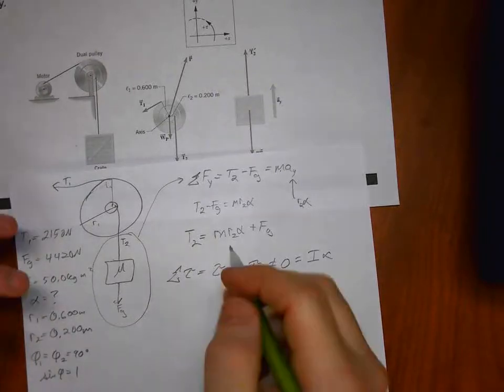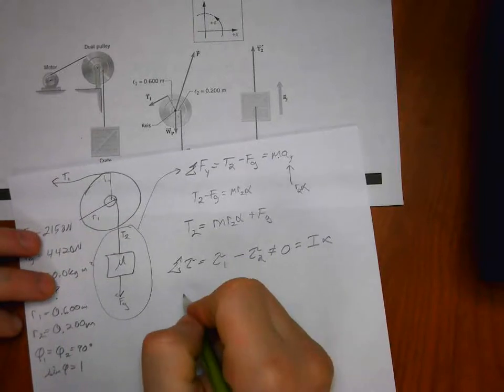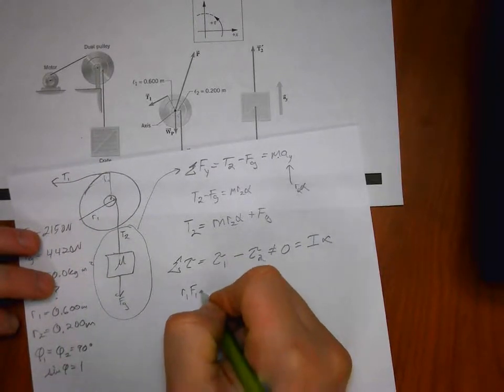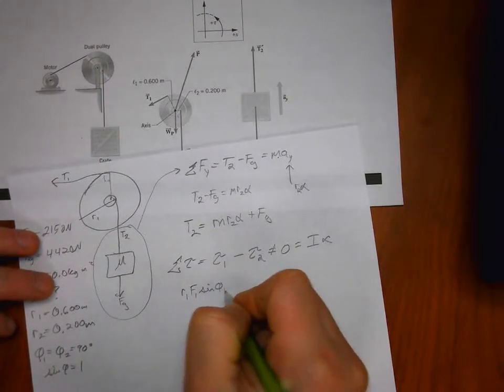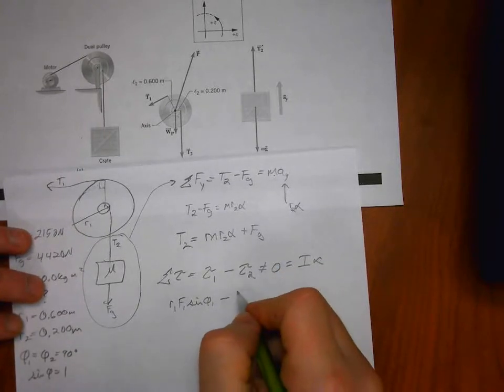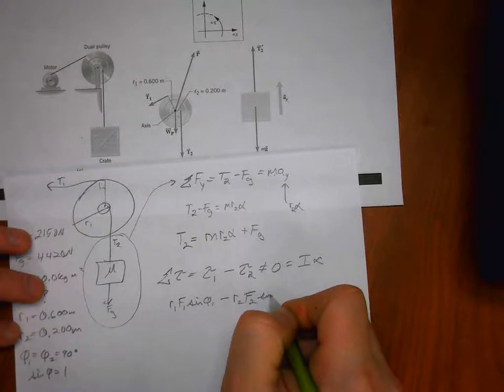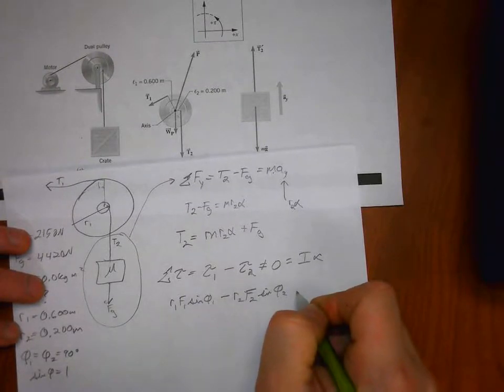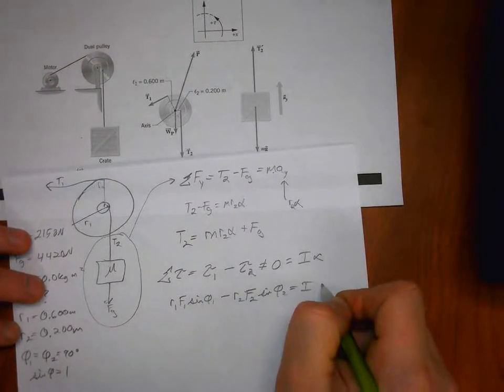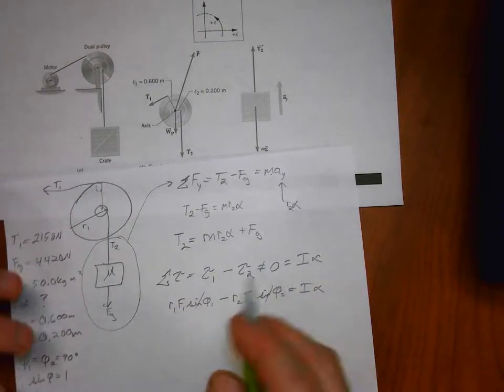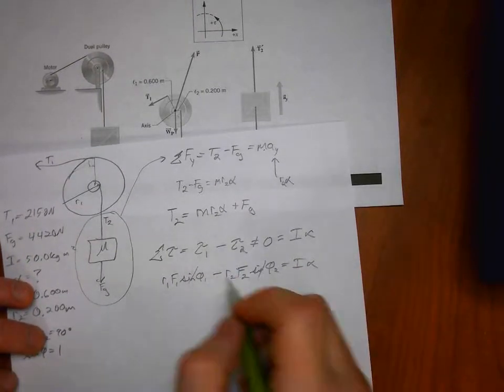Okay, so tau 1, which is R1 F1 sine of phi1, minus tau 2, which is R2 F2 sine of phi2, is equal to I alpha. And of course the sines go away because the angle is 90 degrees.